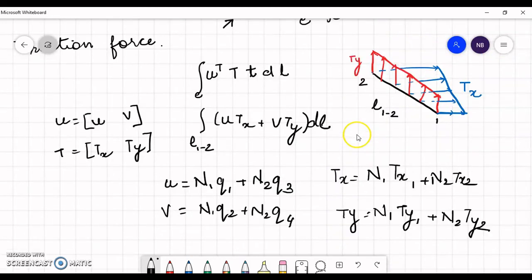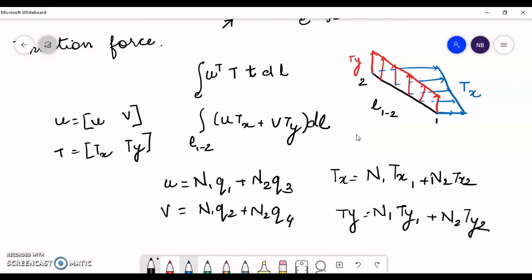So here this is Tx1, this is Tx2, and this is Ty1, and this is Ty2. This is the component distribution.